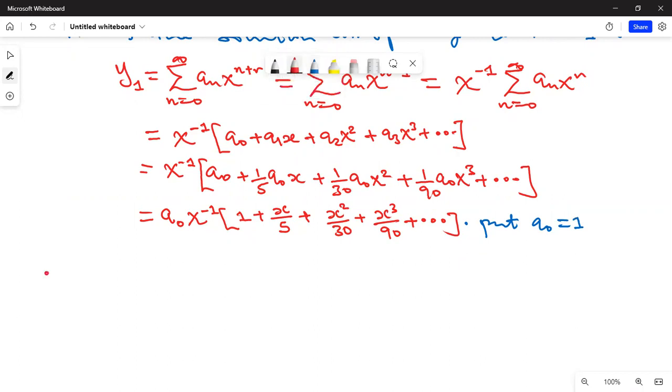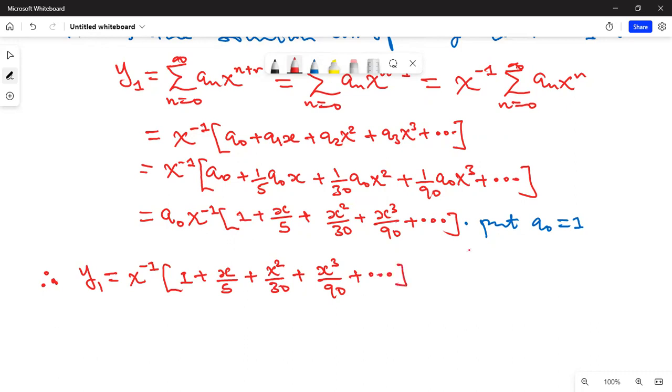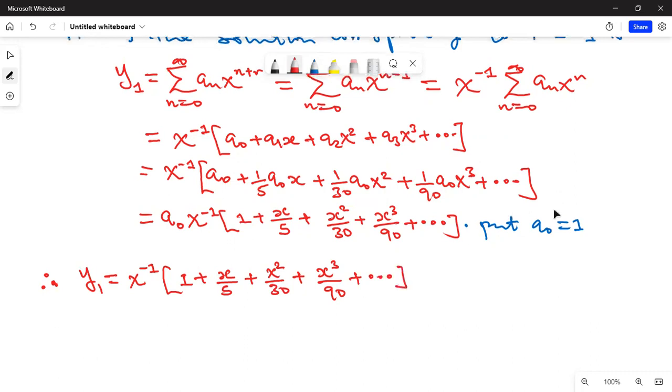Therefore y1 will be equal to x raised to -1 times 1 plus x over 5 plus x squared over 30 plus x cubed over 90 plus so many other terms. That is the solution corresponding to case 1.